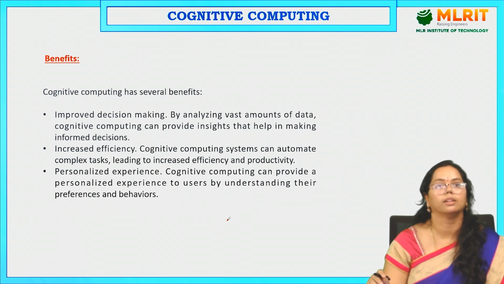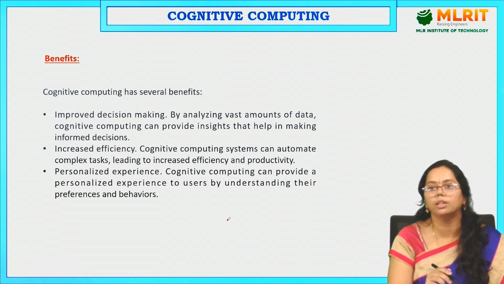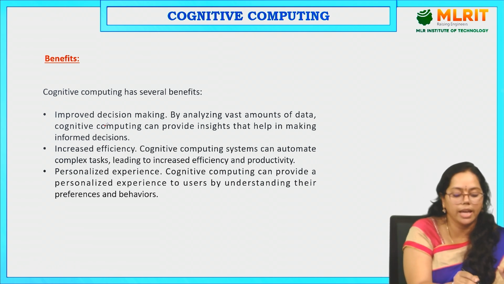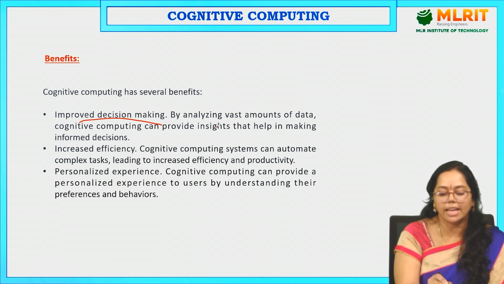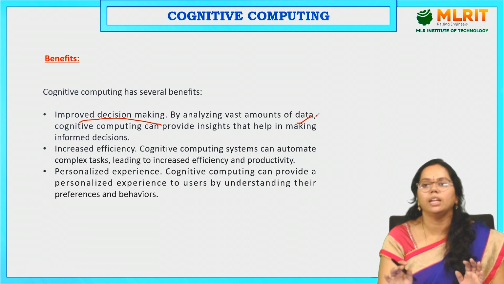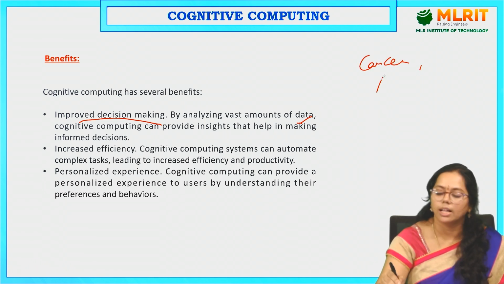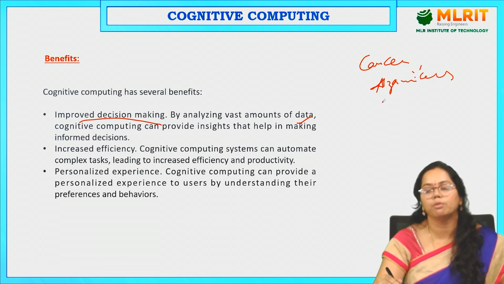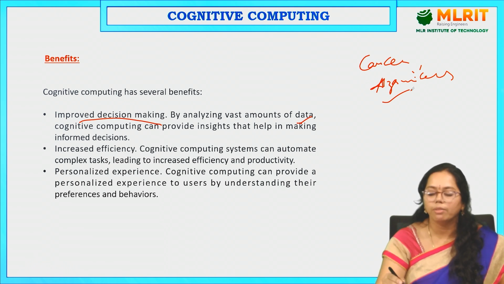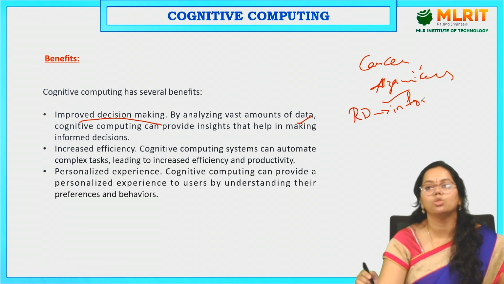Right? Now, what are the benefits while we are talking about cognitive computing? There are several benefits, like improved decision making by analyzing vast amounts of data. Say I am doing research on cancer or Alzheimer's, but I don't have the information of patients who are suffering with Alzheimer's. Without the raw data, how can I do my research? There is no point, right?